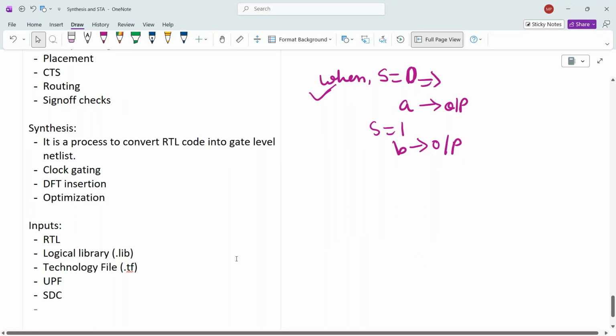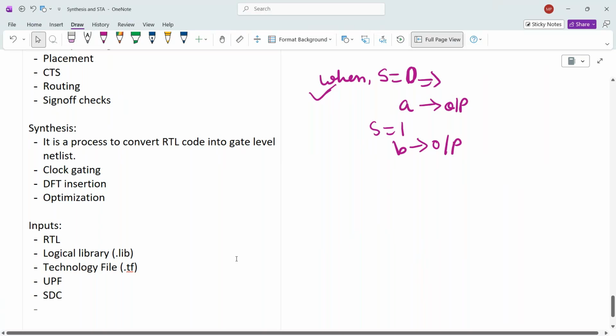SDC is not one of the necessary inputs, because if SDC is not there, the tool will take some default values or necessary information if it is present from the input files, like .lib file we are already providing. So delays and all the tool will take from there if SDC is not provided. But if you provide SDC, the timing calculation will be perfect.